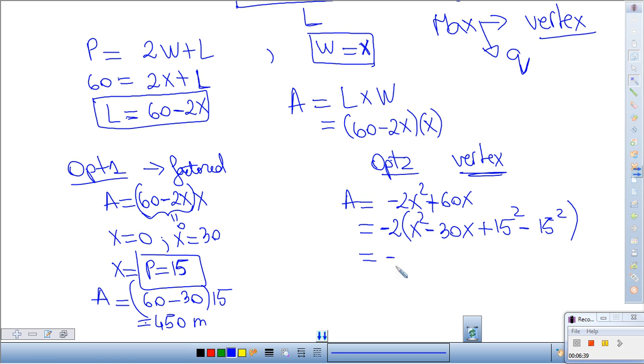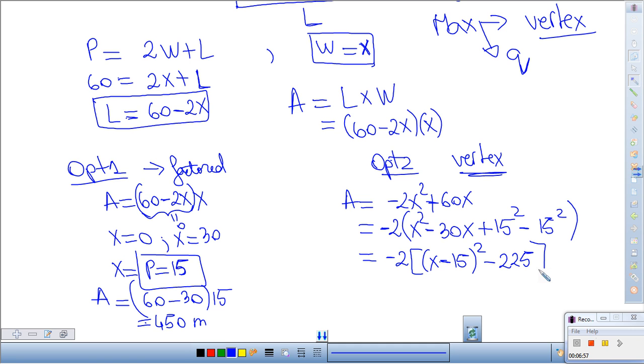equals negative 2 times (x minus 15) squared minus 225.